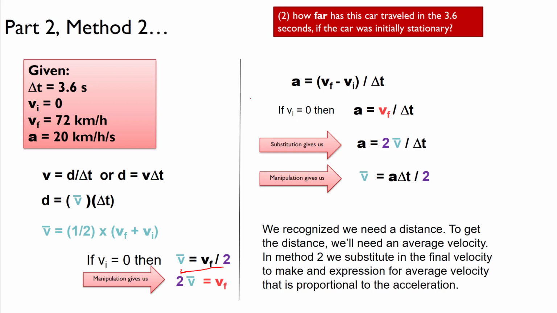We can then look at the acceleration relationship and realize that our acceleration should just be VF minus VI over delta t. And if VI equals 0, then acceleration is really just VF over delta t. And we already said that VF is the same as saying 2 average velocities. So let's just swap that in. And then I'm going to manipulate things around. In other words, divide by V on both sides and divide by A on both sides.